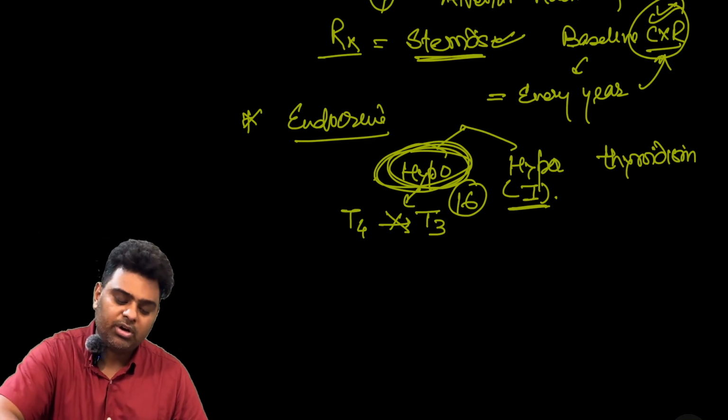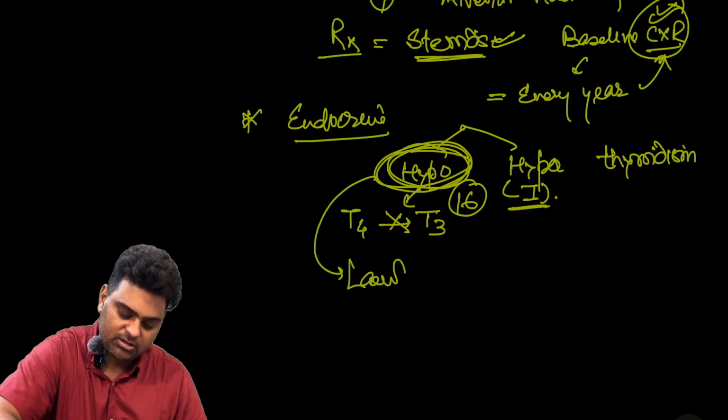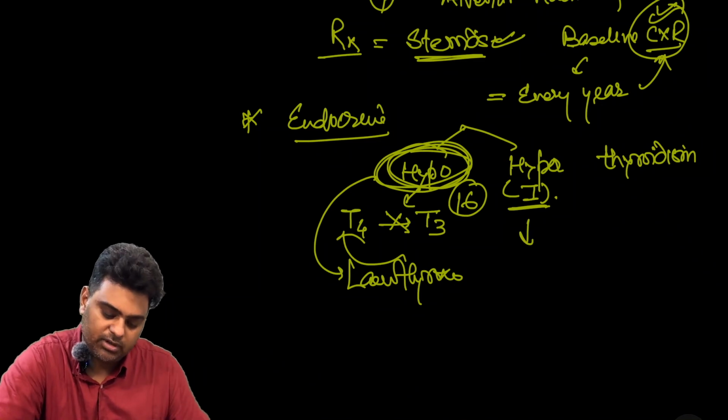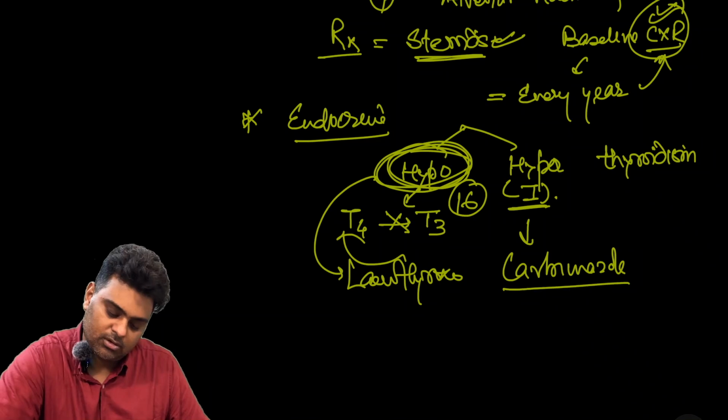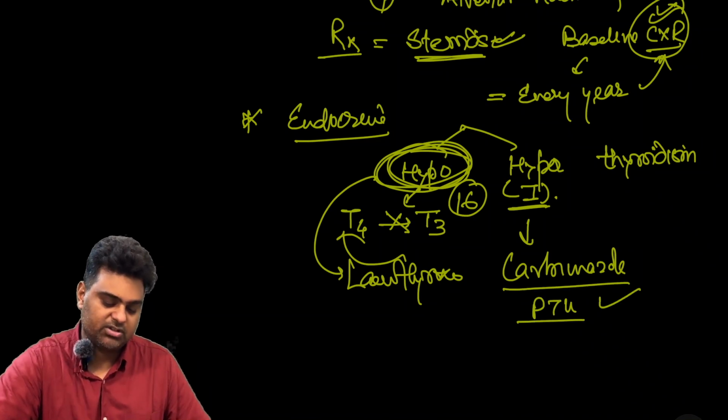Okay, so how will you treat hypothyroidism? You will give levothyroxine, which is actually T4, and in hyperthyroidism you will give carbimazole or PTU, that is propylthiouracil.